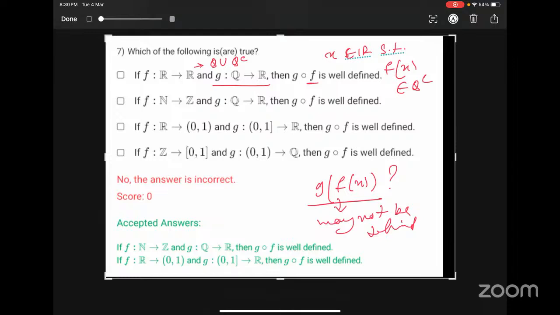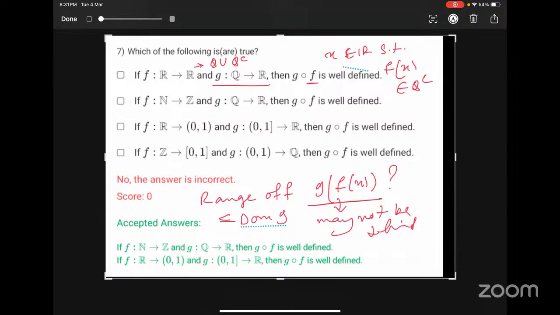So the basic thing is that the range of f should be a subset of the domain of g in order to define g compose f.